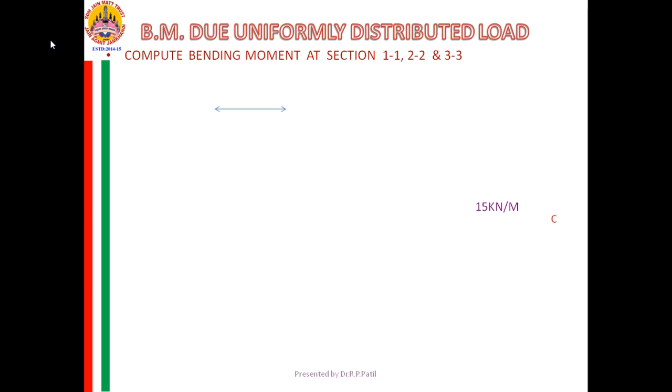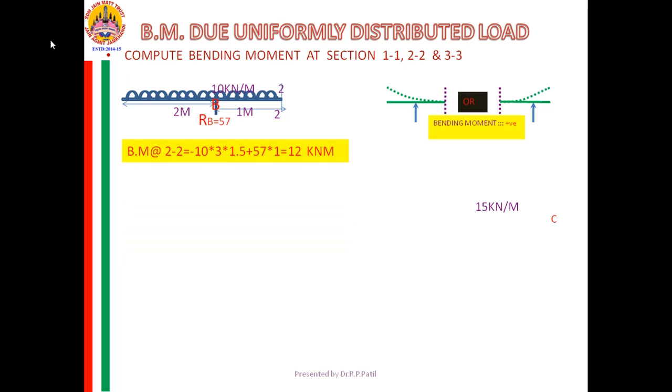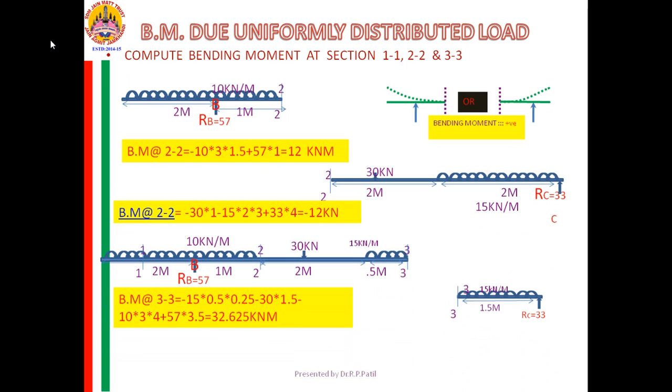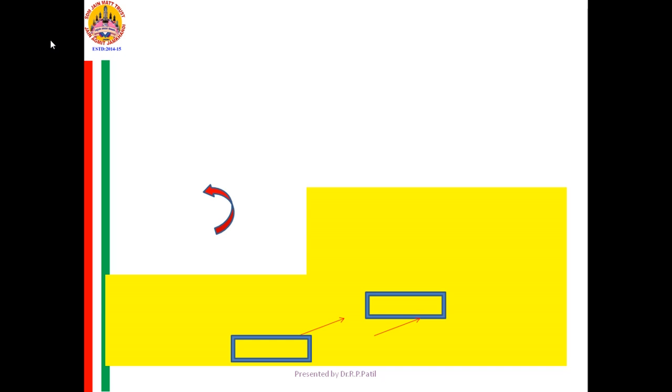Is there any relationship between the load that I am applying, the shear force that is developed and the bending moment that is developed at any cross section? Therefore, in this part, first we are trying to establish a relationship between the shear force and the bending moment.